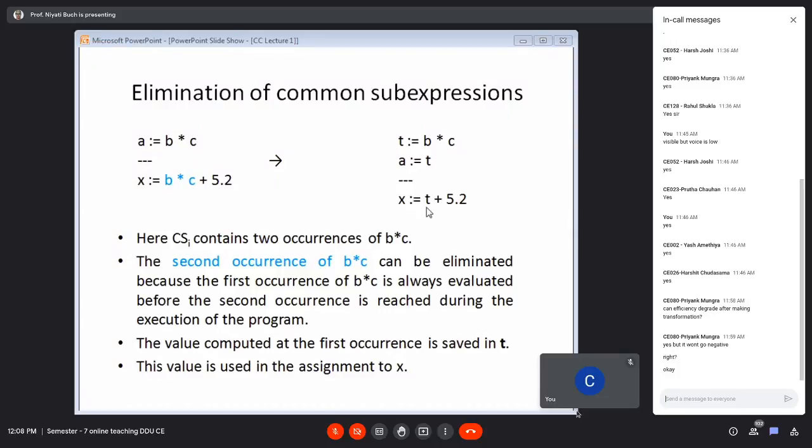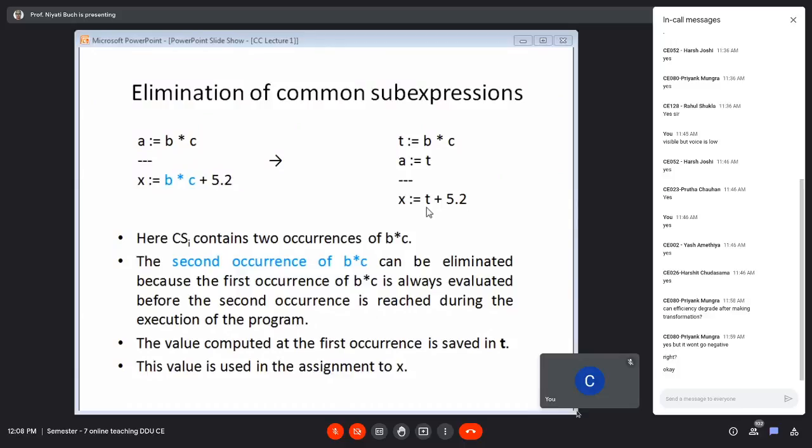If we do something like this on a small chunk or only a segment of the program, it is called local. If we apply it on the entire source program, then it is called global common subexpression elimination.